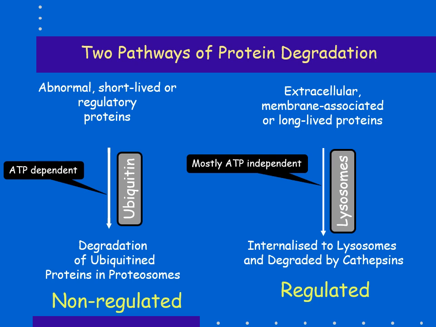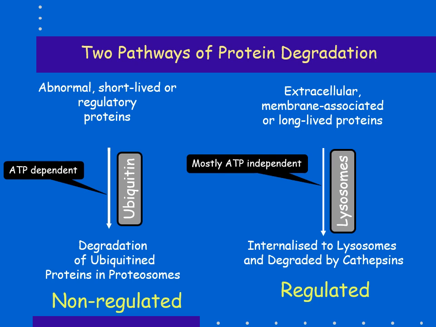The lysosomal pathway is targeted towards extracellular and membrane-associated or long-lived proteins. This, of course, occurs in the lysosomes. It's mostly an ATP-independent process, and in this case, the proteins are internalised within the lysosomes and degraded by cathepsin enzymes. Now, this is a strongly regulated pathway.